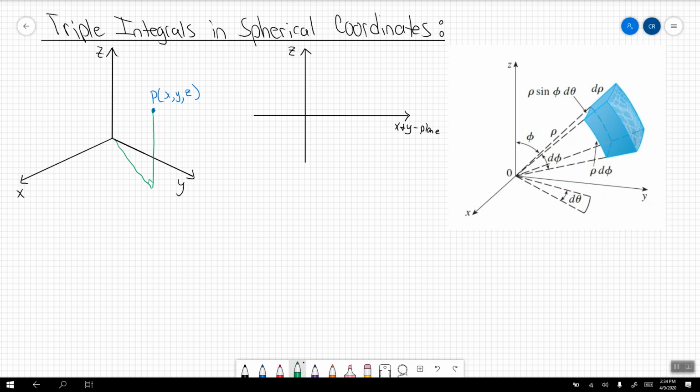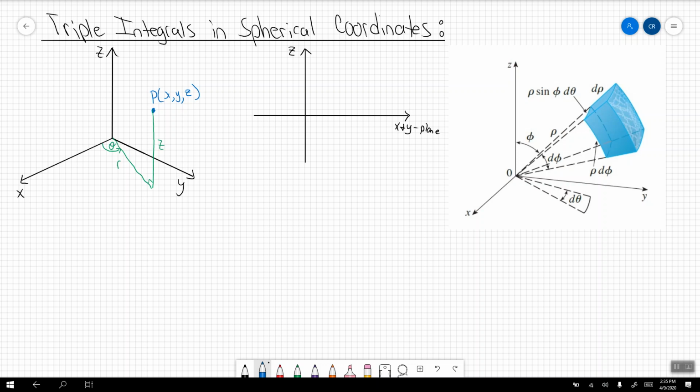This is still the height of z. This here is now r. I still have theta traversing from the positive x-axis to that given length. But then I also have a few more items that I want to look at.